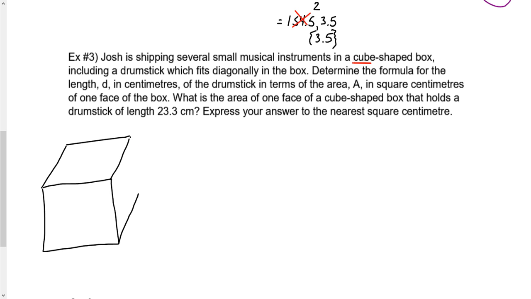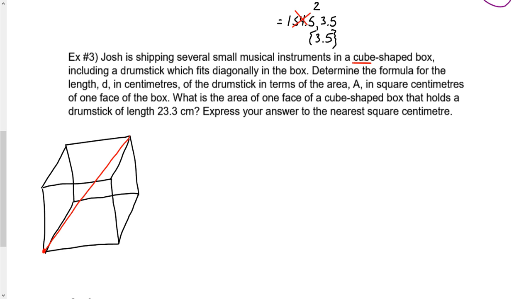Okay, so what we're looking at is a cube-shaped box, which means every single one of our sides are the exact same length. We're trying to find something that goes from this corner, bottom left, front left, to the back right.